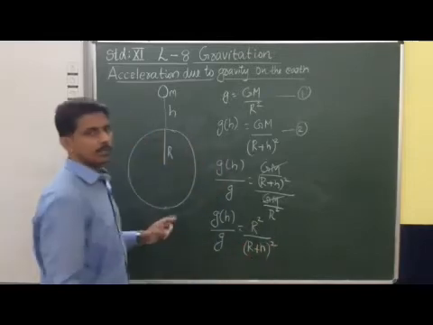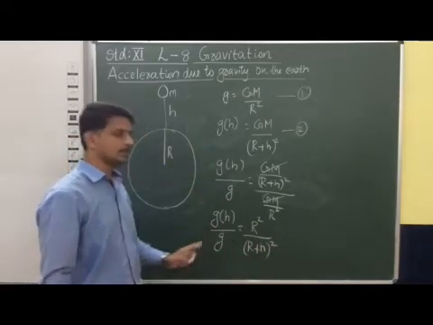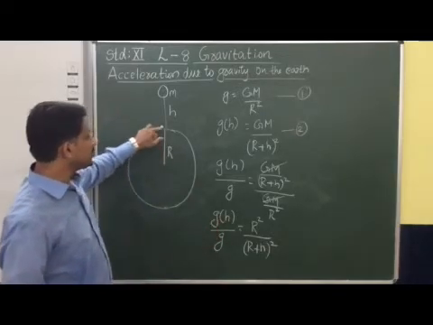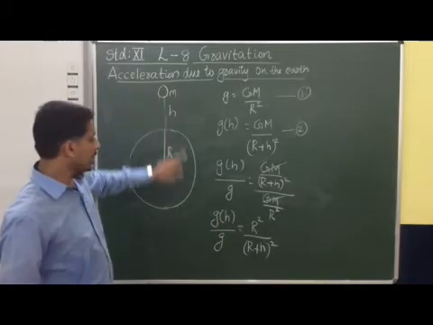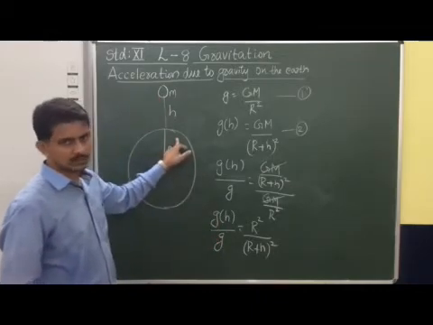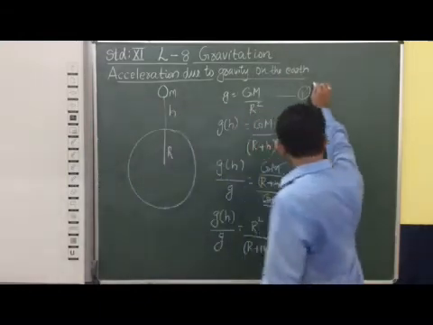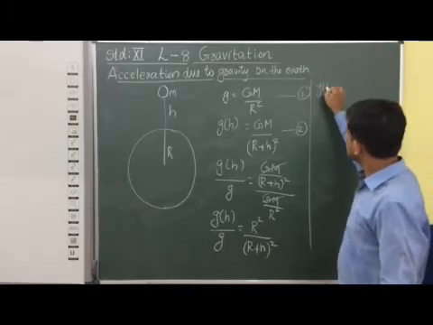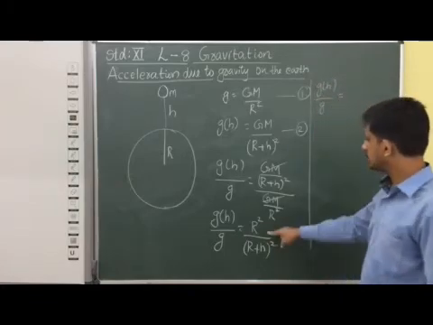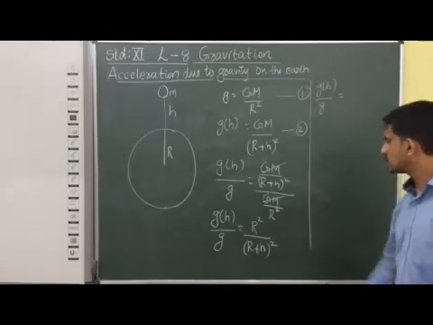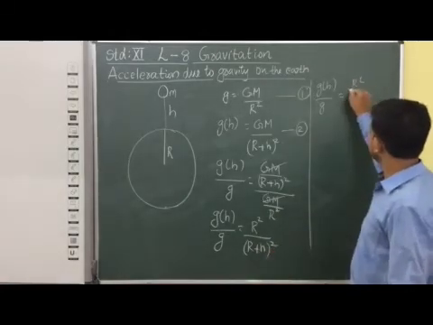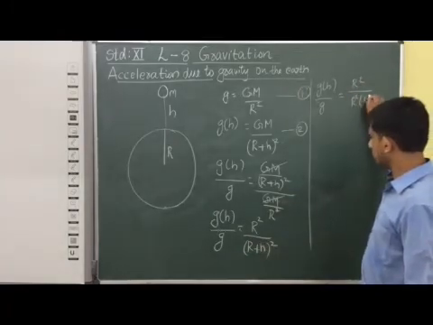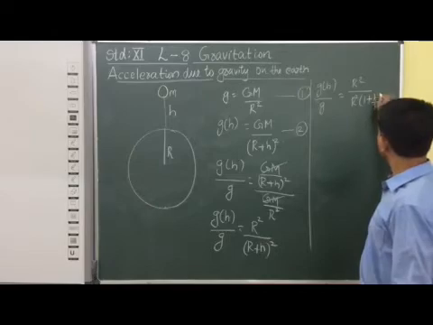This is how we write the ratio between g of h and g, where g of h is the value of g at a height h above the surface of the earth, and g is the value of g on the surface of the earth. Now we can rearrange this equation. Taking r square outside, g of h divided by g is equal to r square divided by r square times 1 plus h divided by r all square.